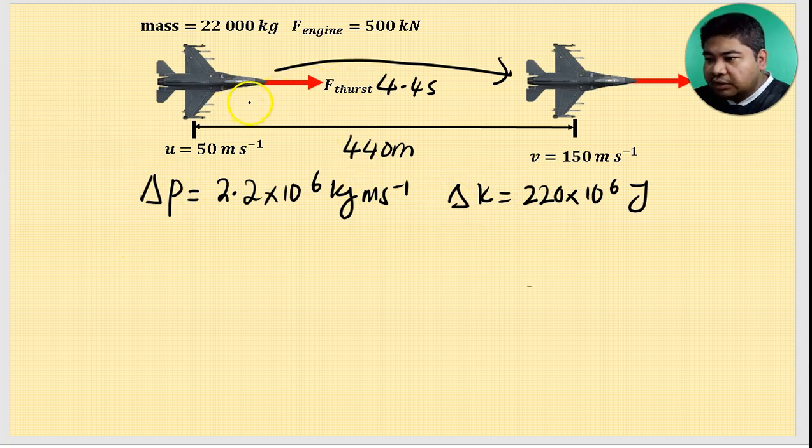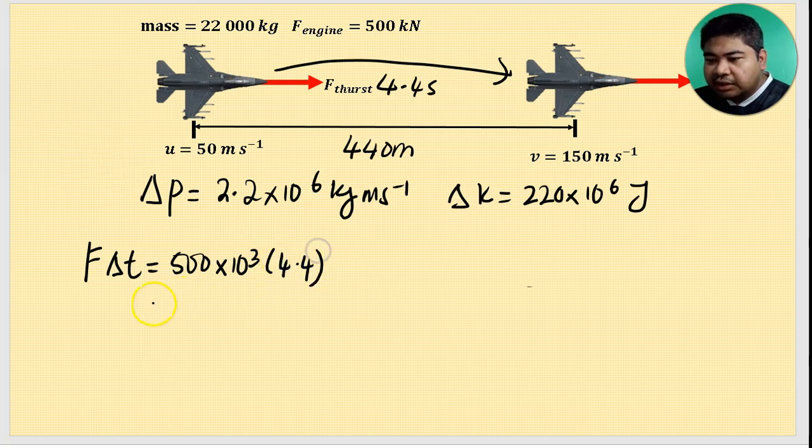For the example here, the force of 500 kilonewton is applied on the aircraft for 4.4 seconds. That is how long the force is applied on the aircraft. If you multiply the force with how long you apply the force, the force is 500 kilonewton times 10 to the power of 3, times 4.4 seconds, you are going to get 2.2 times 10 to the power of 6 Newton second.